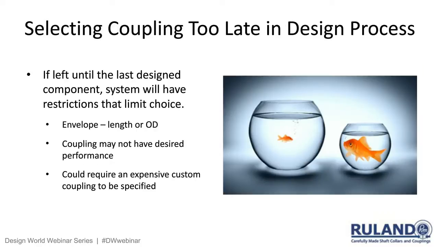Selecting coupling too late in the design process, and that poor goldfish on the right. Anyway, if left until the last design component, the system will have restrictions that limit choice. And again, the envelope, the length of the OD, your coupling may not have the desired performance, could require an expensive coupling custom to be specified.